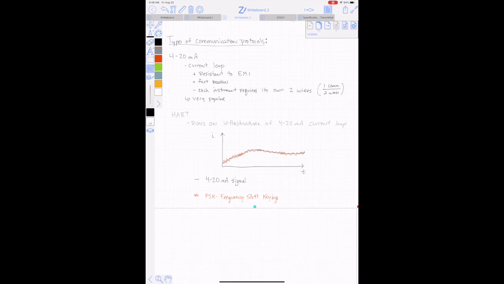This is the HART signal, where the frequency is actually communicating to the controller. This allows us to communicate on the same infrastructure. We're using the same wires, but instead of just being able to communicate the information from one instrument, we can now communicate numerous sets of data over one set of lines.